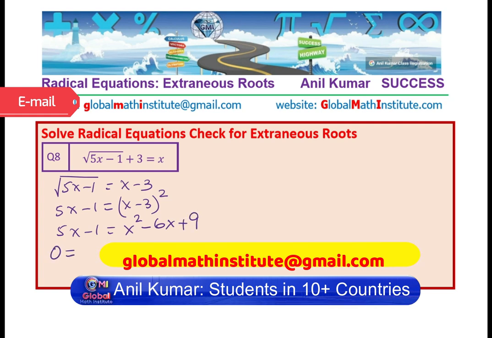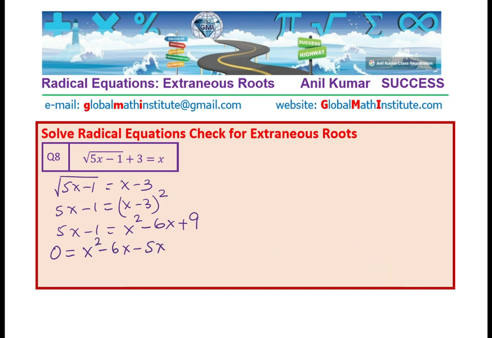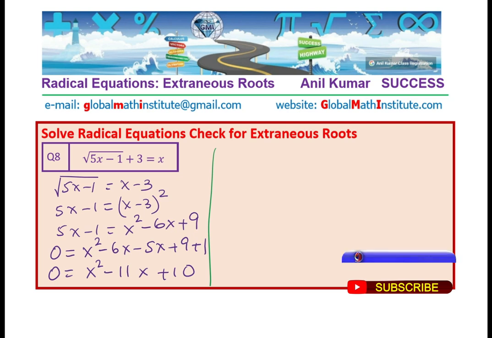Taking all the terms to the right hand side, we get x squared minus 6x minus 5x plus 9 plus 1. 0 equals to x squared minus 11x plus 10. And that is an easy factoring, correct? Whenever the coefficient of x squared is 1, it's easy to factor.